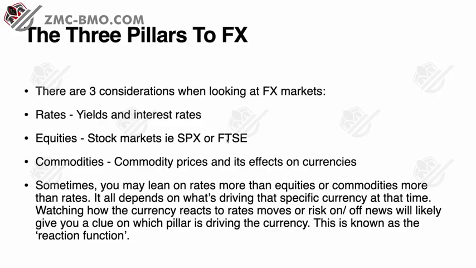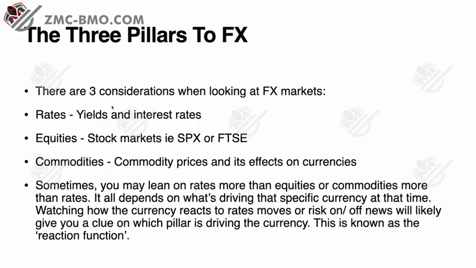Watching how the currency reacts to rates moves or risk on / off news will likely give you a clue on which pillar is driving the currency. This is known as the reaction function. So we're talking about how the currency reacts, which determines which pillar it's leaning on. Is it moving more with what rates are doing?